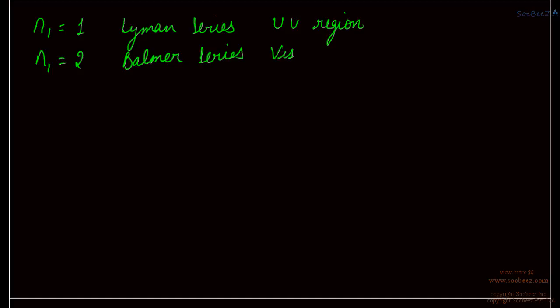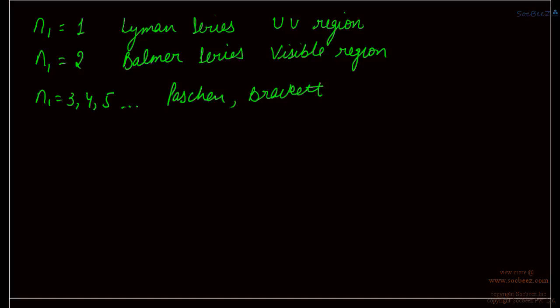It lies in the visible region. And if N1 equals 3, 4 or 5, we call them the Paschen, Brackett, Pfund series, etc. And they lie in the infrared region.